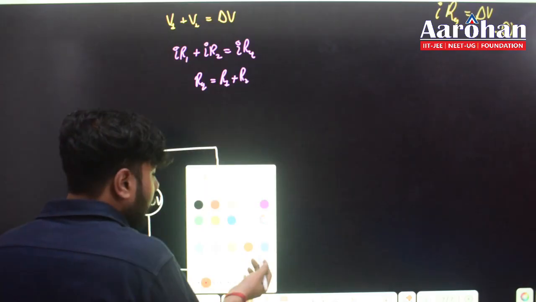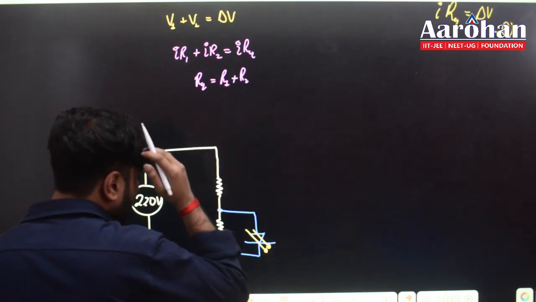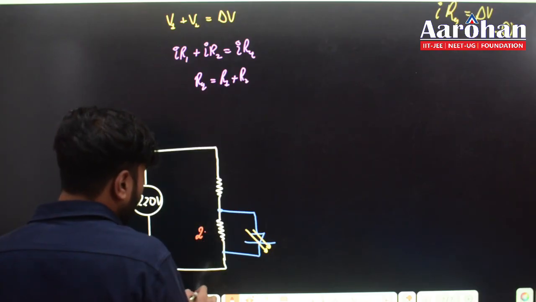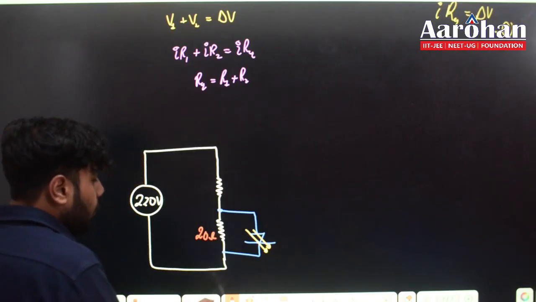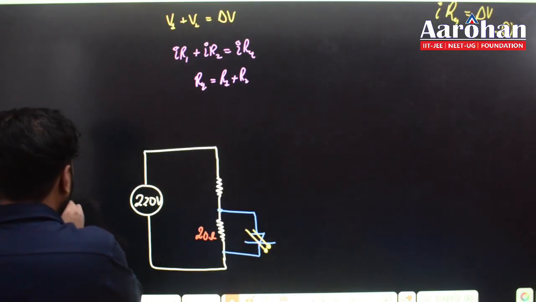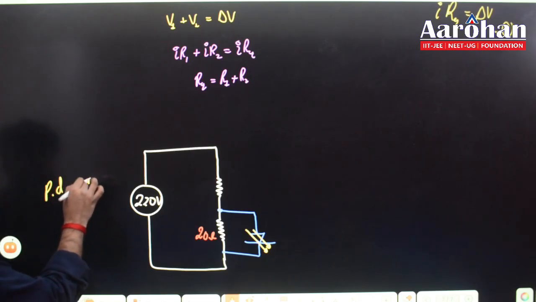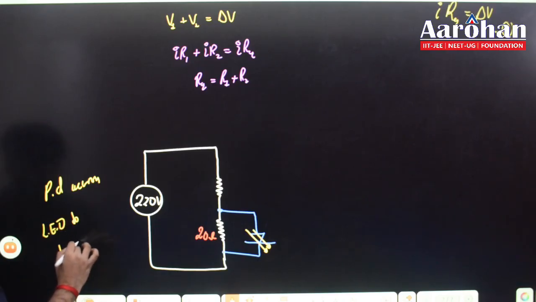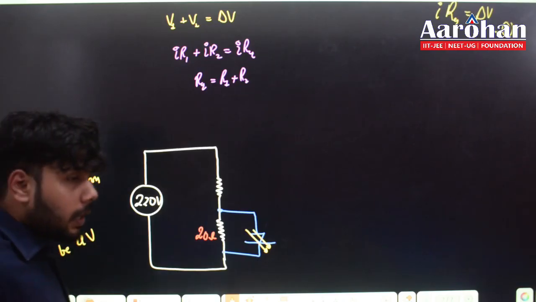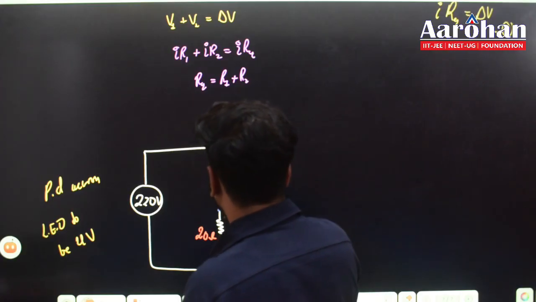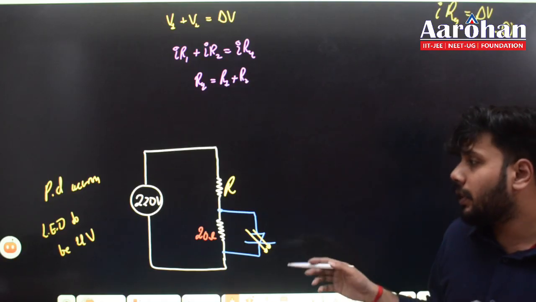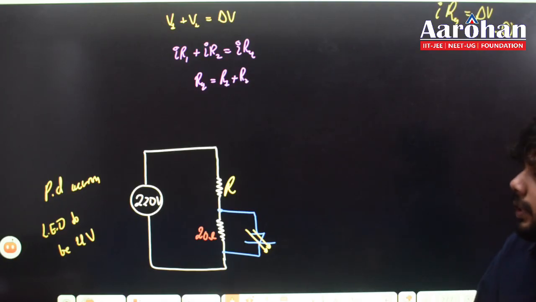Okay, so let's see how you will do it, and let's say this is your 20 ohm, and you want the potential difference across the LED to be 4 volts. In that case they are asking you what should be the resistance R, so you can have the desired voltage across the LED. It is a very easy question, you can try.